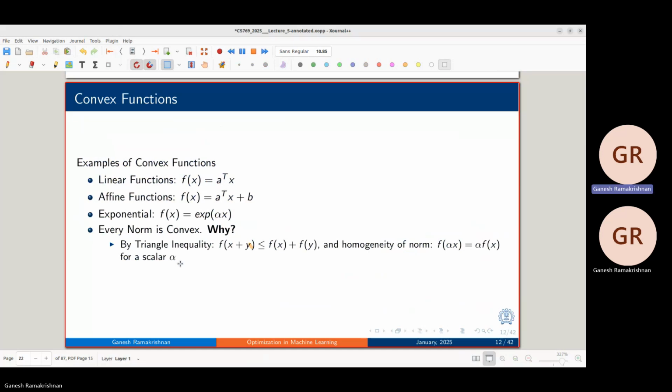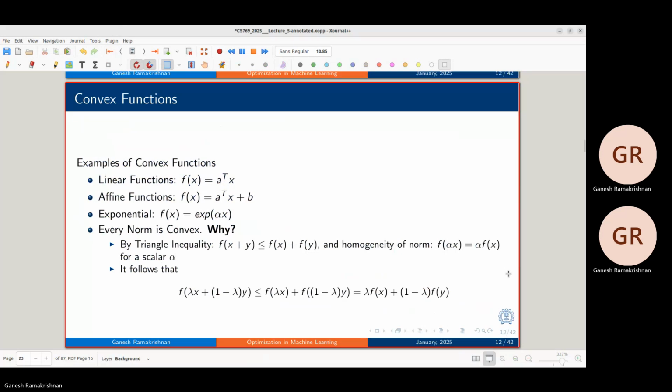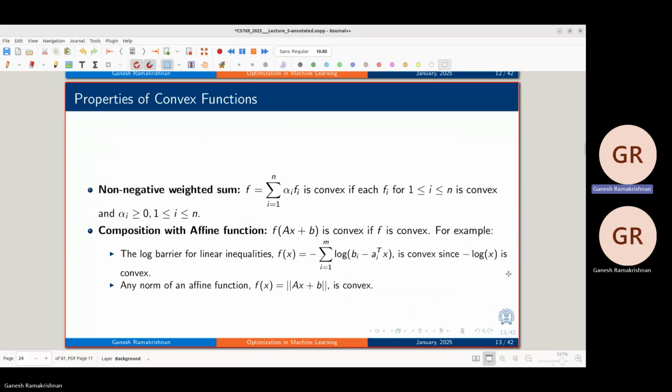So we have proved that every norm is convex, and also, using the triangle inequality like before and the homogeneity of norm, f of alpha x is the absolute value of alpha times f of x. Okay, so this is easy.